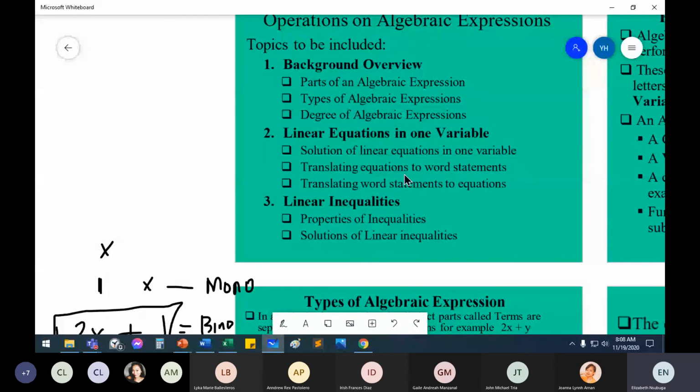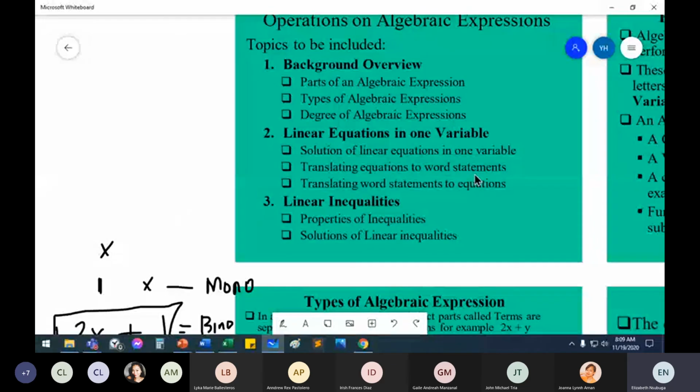Now, what we did is solution to linear equations. You're given an equation and you're asked to find the solution, the value of the variables. Then we did translation of equation to word statements. I'm not going to give you an assessment of this. I just want you to know how to do it.